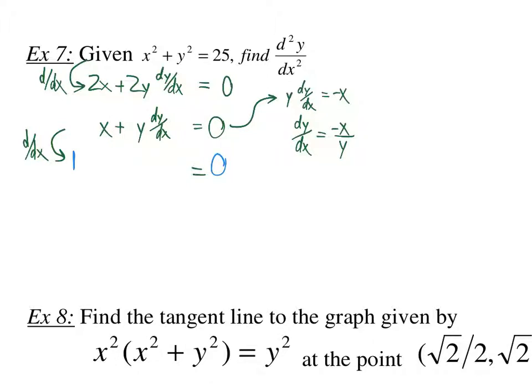But then we have this y times dy dx, so we need to use the product rule. We have the derivative of the first factor, the derivative of y with respect to x, times the second factor.